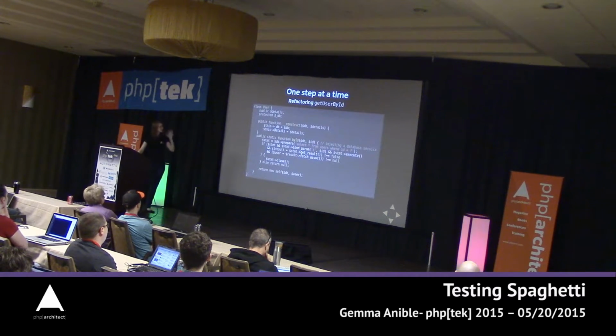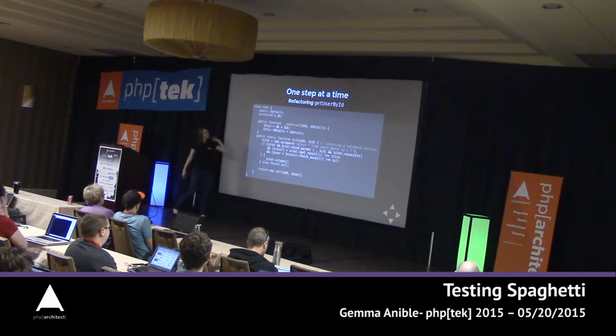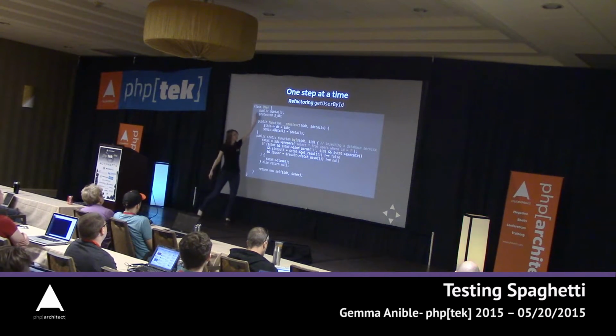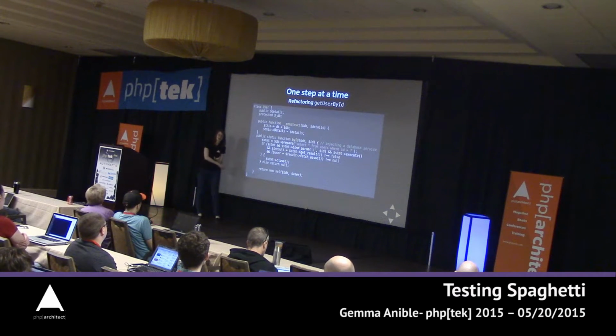So let's start small with just getUserByID. So I've got to reach into the database, get user details by some ID. Create a pretty naive little database model here. I wouldn't recommend copy pasting any of this code into your own projects, but this kind of gives you the idea of where we're headed. So we've got details, which is going to represent the associative array of all the details that are in the database for this user.